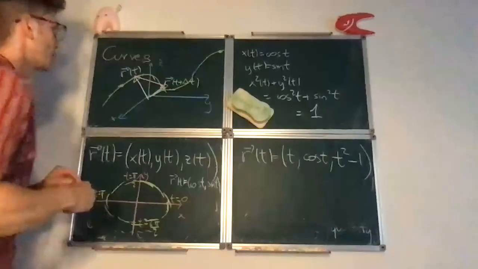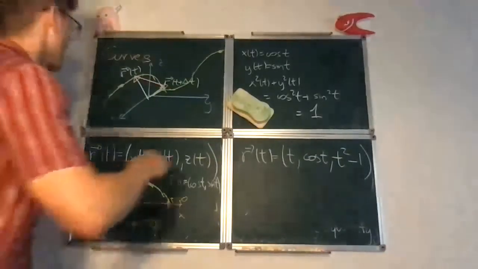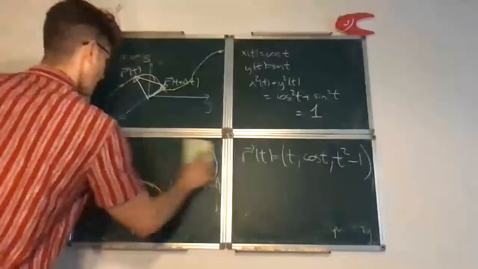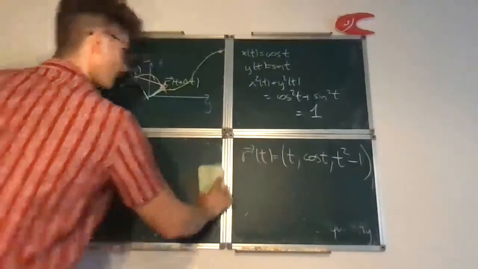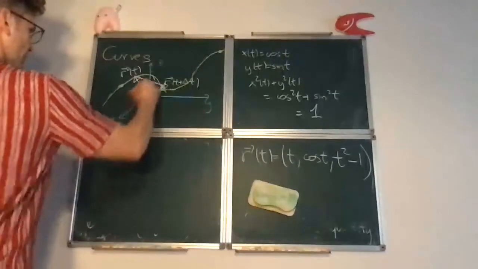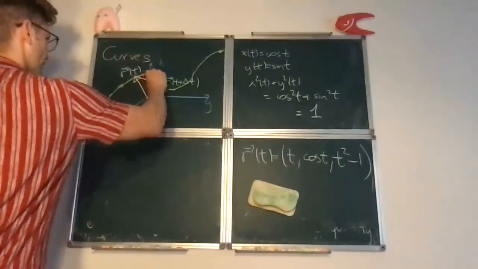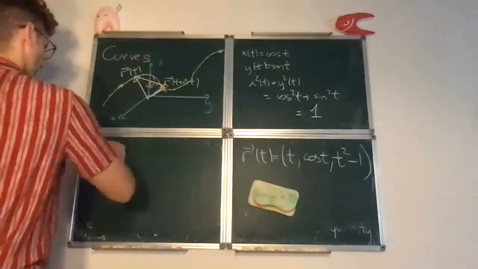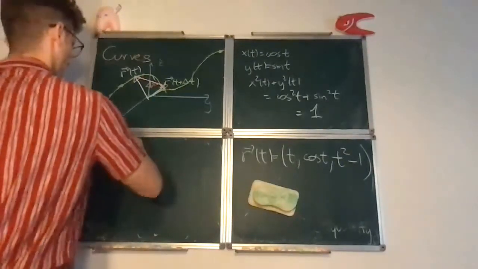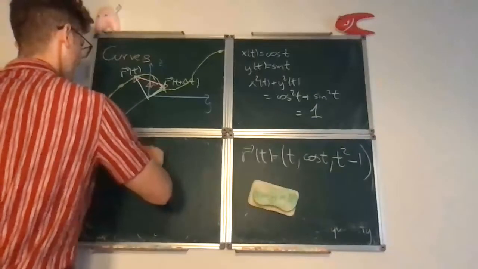And then there's a relative position vector, delta r, which I'll put in this place so that it's easier to see.